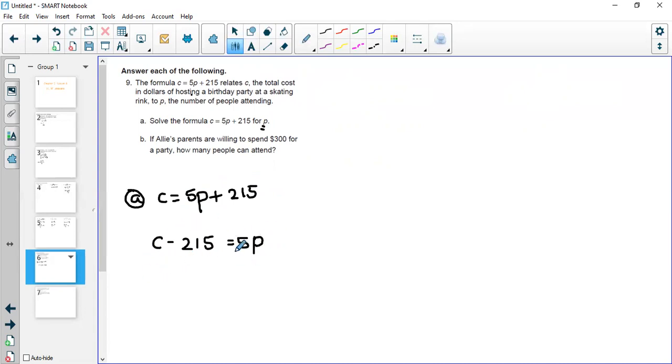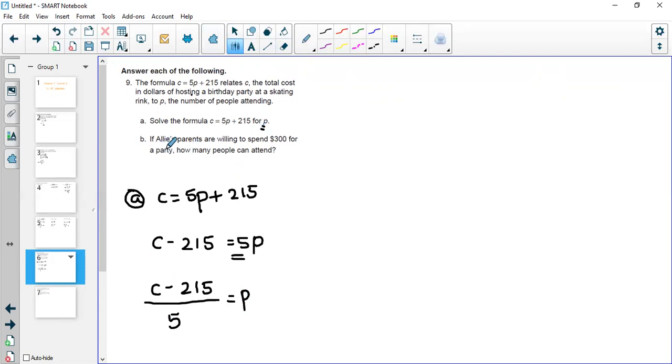So to remove 5 from here, you have to do the opposite of multiply. So opposite of multiply becomes divide. So C minus 215 divided by 5 will give you the value of p, equals p. Okay, so this we have solved for p.